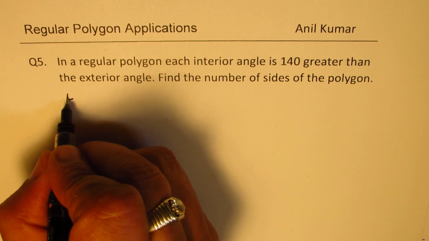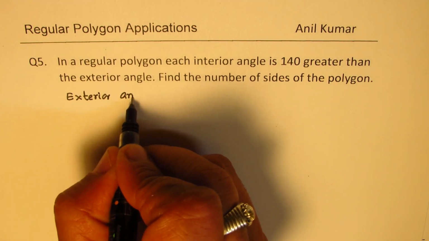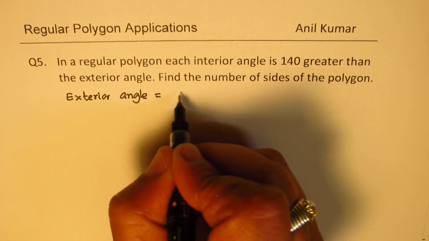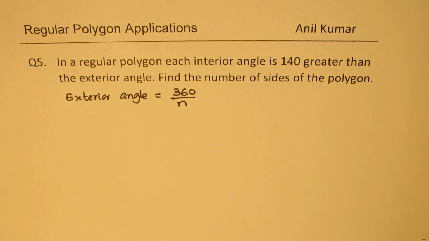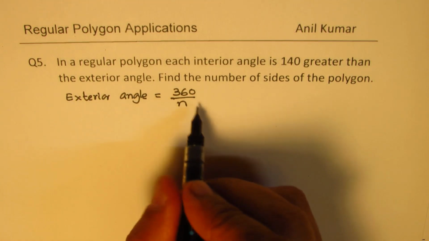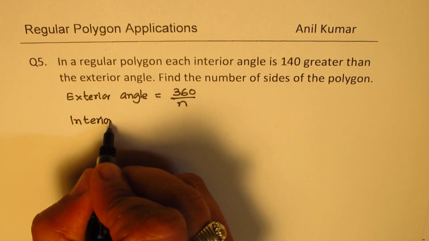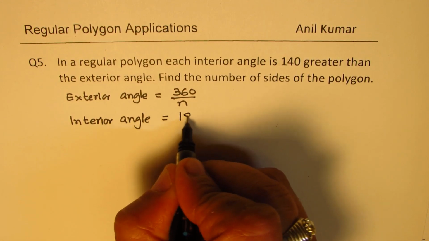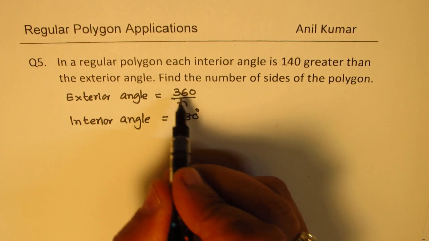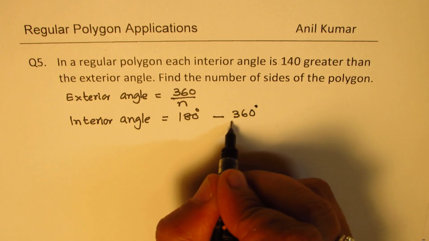So the exterior angle will be 360 degrees divided by n, correct? Now what is the interior angle? So the interior angle will be 180 degrees minus the exterior angle. That is what we learned, right?